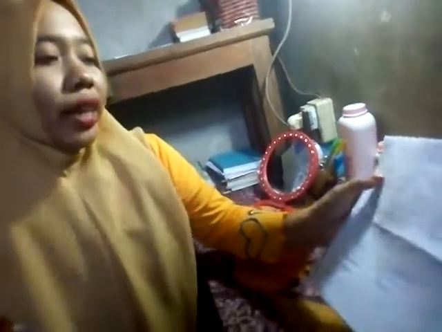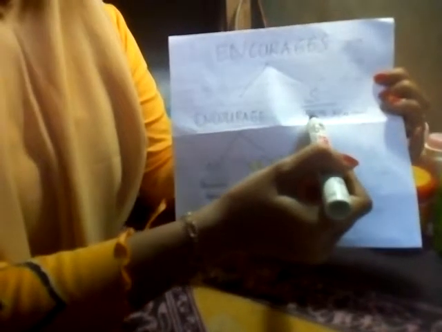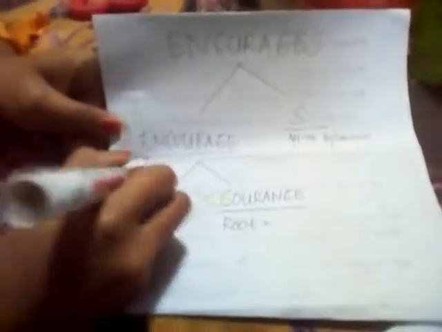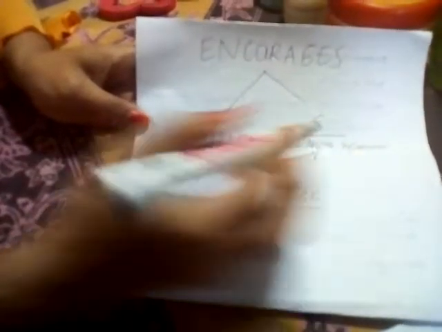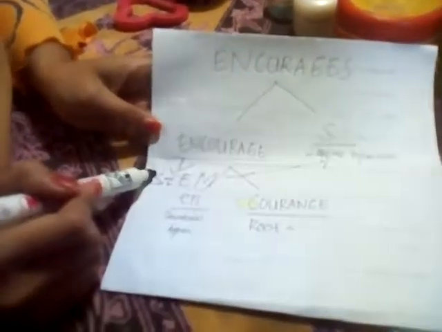Okay. The second example, the word encourages. Encourages here, we know it is encourage and s. S here is a kind of inflectional affix. So encourages here, we know, is a stem because of the inflectional affix.